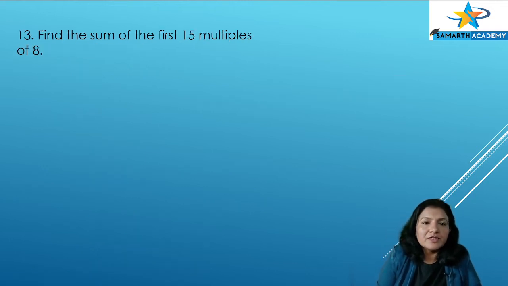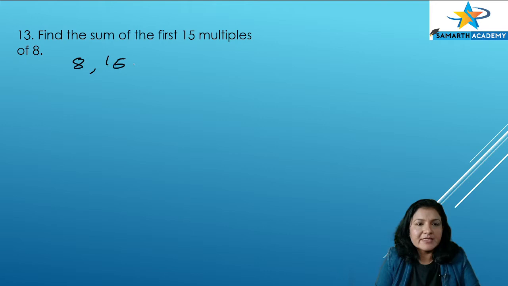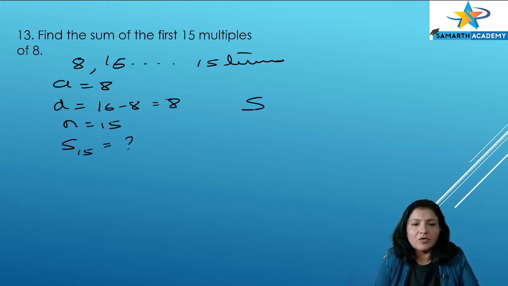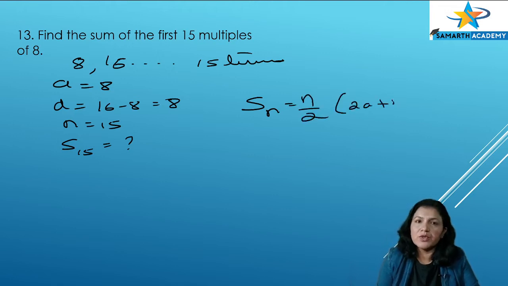Find the sum of first 15 terms of 8, 16 and so on up to 15 terms. Here a is equal to 8, d is equal to 16 minus 8, that is 8 again, n is equal to 15. Here we need to find S15. The formula is Sn is equal to n by 2 into 2a plus n minus 1 into d.